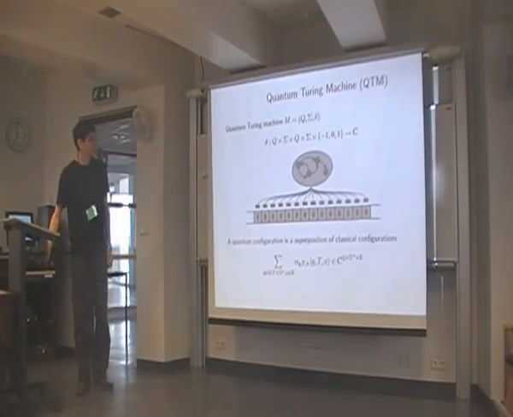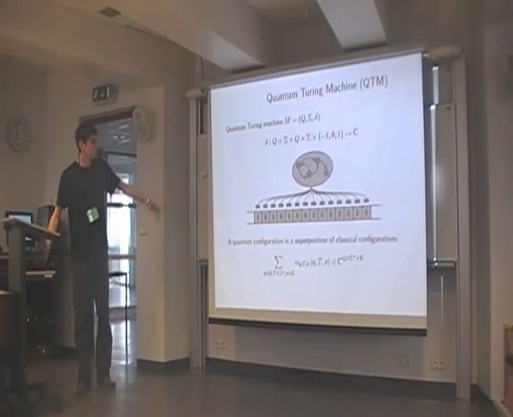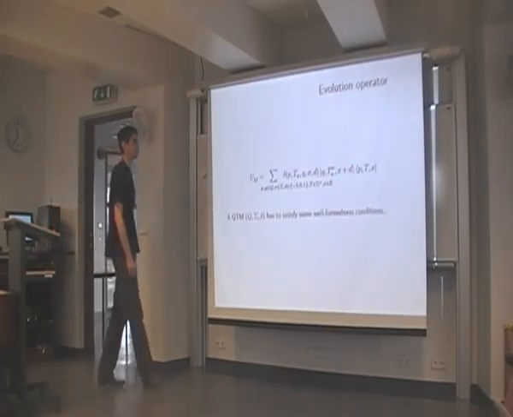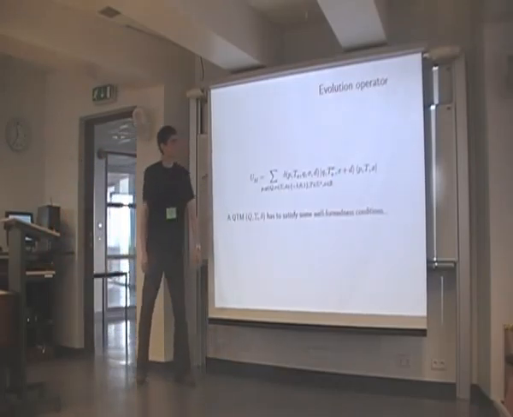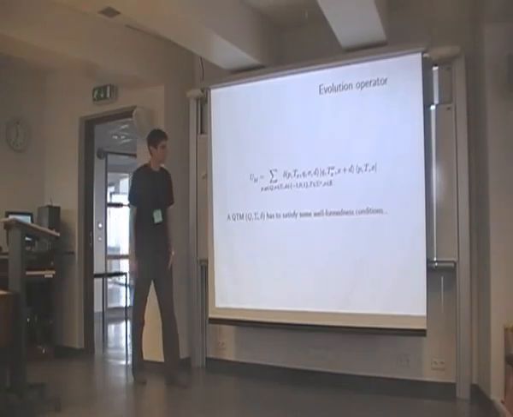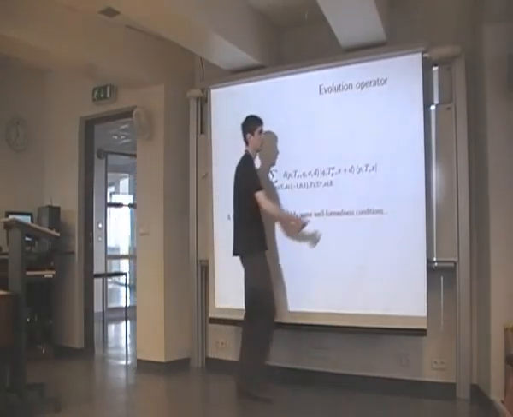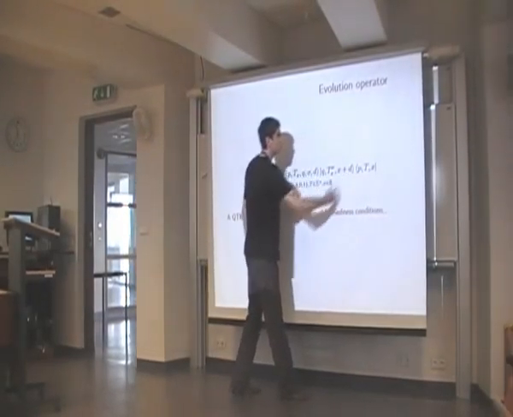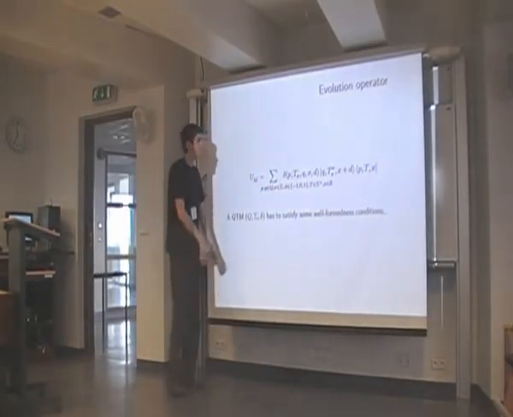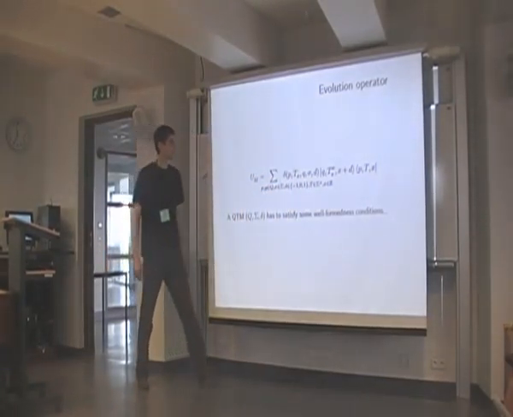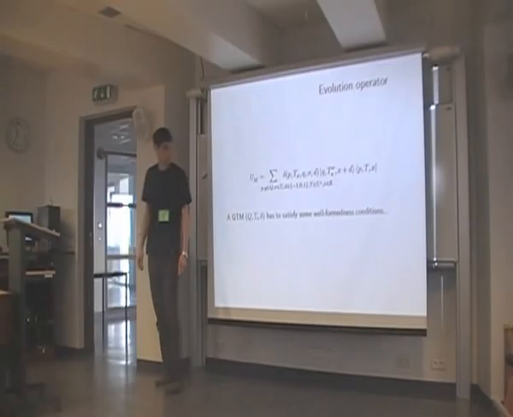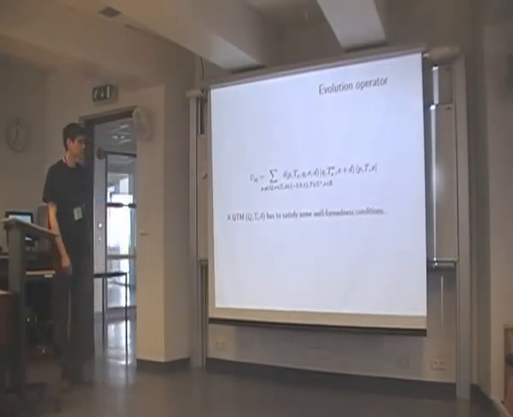So we have this quantum Turing machine. And the evolution of the machine, the evolution of the configuration, can be described by the evolution operator. If the configuration of the machine is this one, then it becomes this one. This is a linear operator, which is entirely described by the transition function.